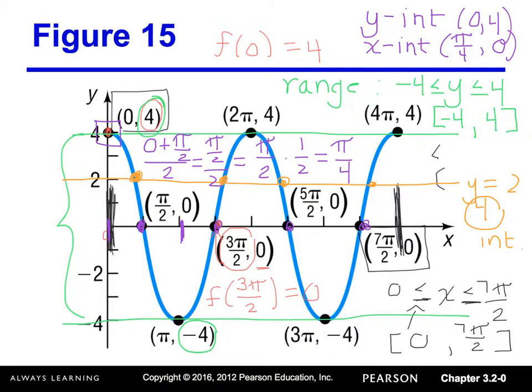The next intercept here, I wish I had more space, is right in between pi/2 and 3 pi/2. So if we find the midpoint there, pi/2 plus 3 pi/2, and then divide that answer by 2, this is 1 pi/2. So 1 pi/2 plus 3 pi/2 is 4 pi/2, which is 2 pi.